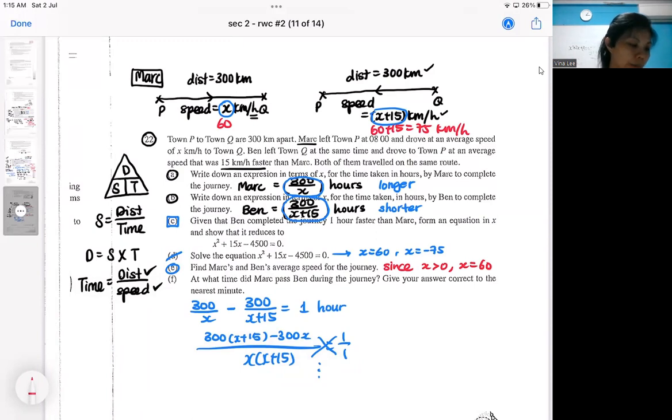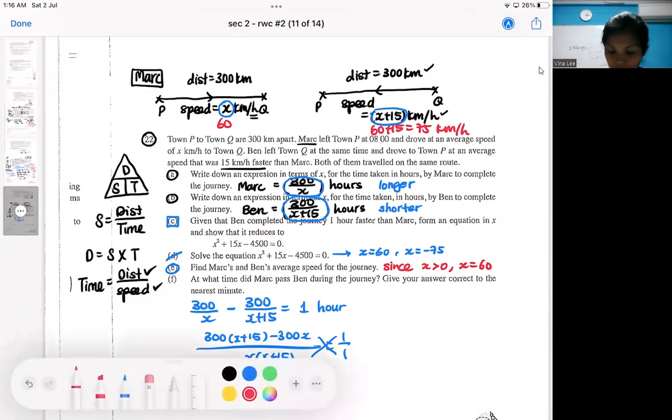And then you're supposed to find the time where Ben and Mark pass each other. So that is also a difficult part. When they pass each other, because they are traveling in opposite directions, the idea here is the distance will be the same.